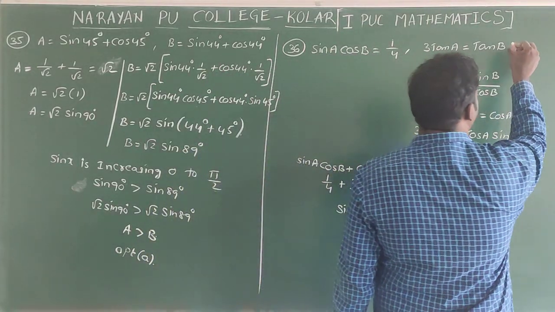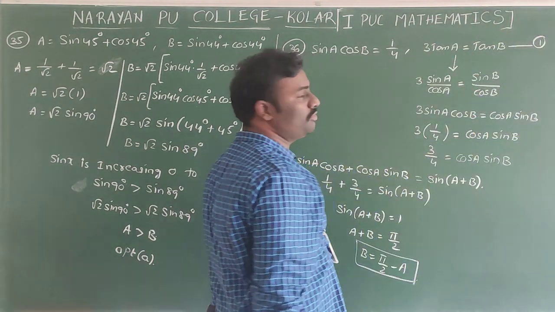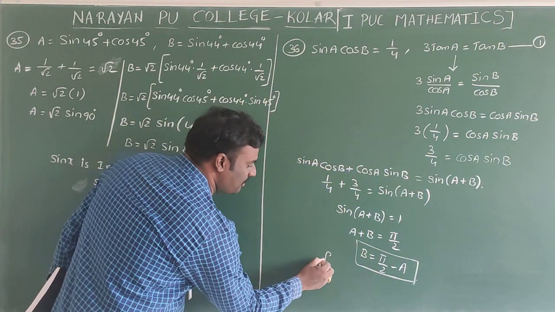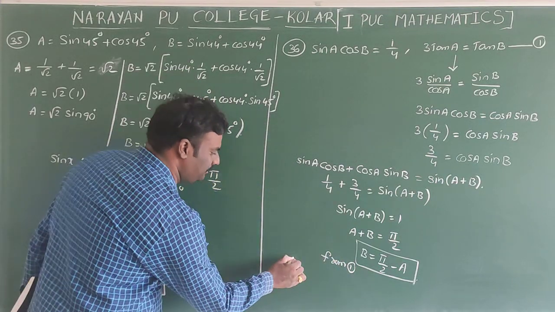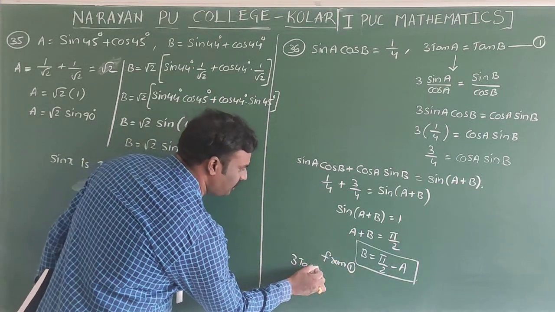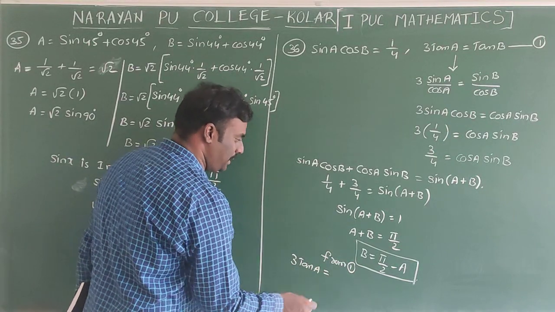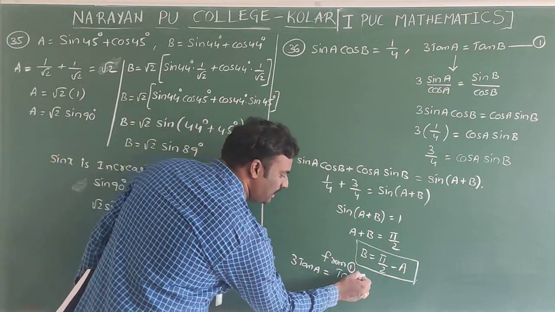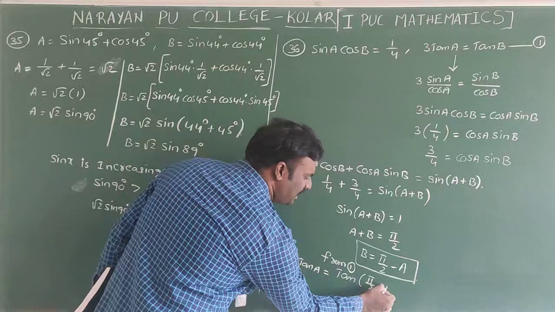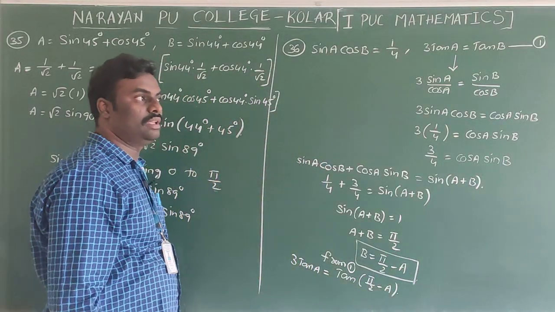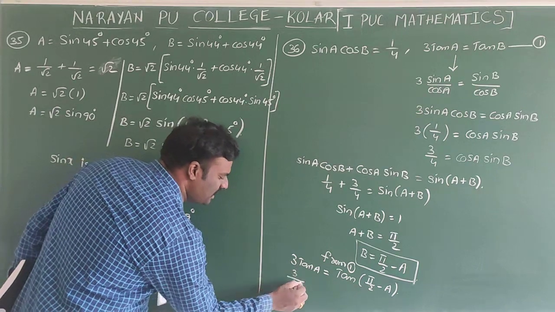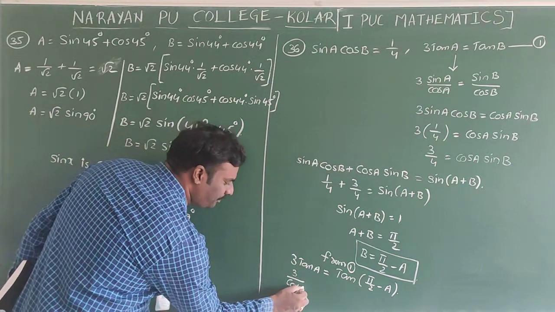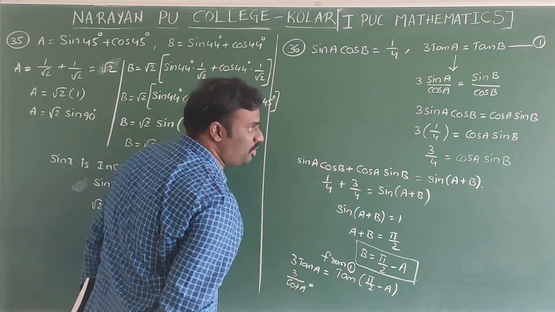Substituting this in equation 1. From equation 1, left side we have 3 tan A is equal to, right side we have tan B. In place of B I can write pi by 2 minus A. This tan A can be written as 1 by cot A, that is 3 by cot A. For 90 minus A, first quadrant, it is positive.